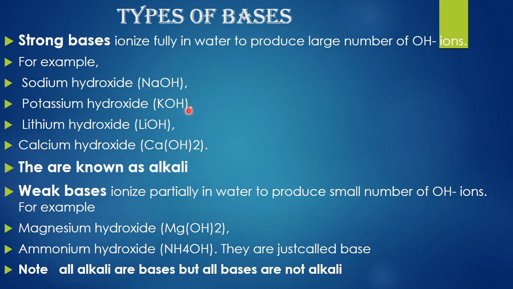But since they produce a large number of OH ions, these bases are known as alkalis. While magnesium and ammonium hydroxide also produce OH ions but fewer in number. So all bases that release fewer OH ions are just called bases. All alkalis are bases, but all bases are not alkalis.